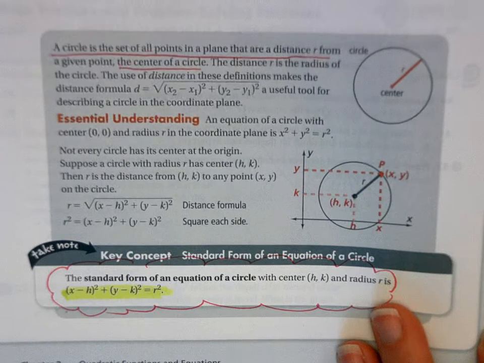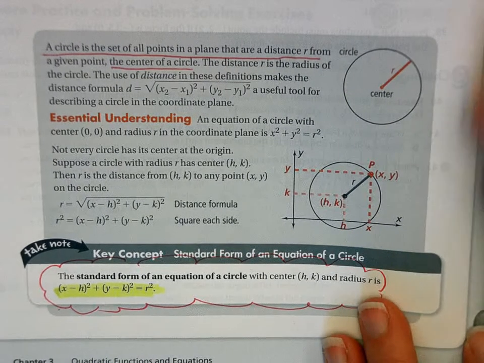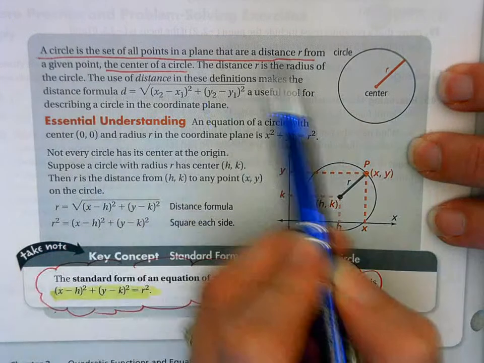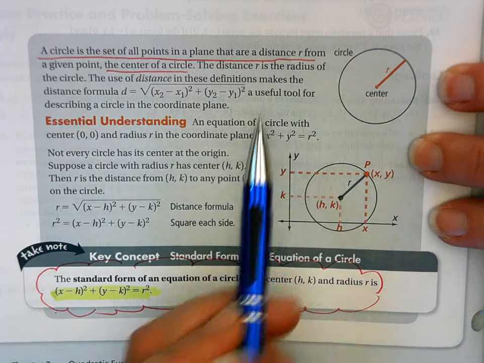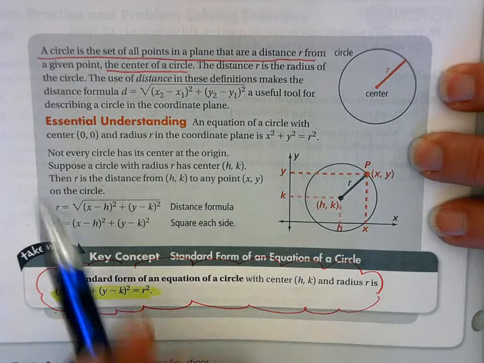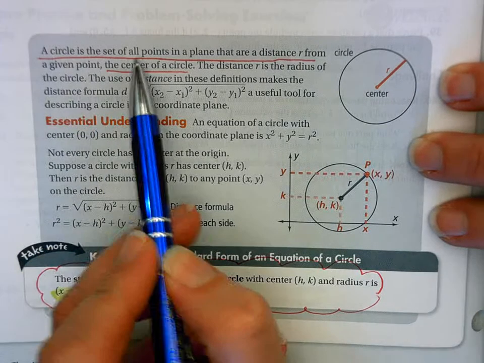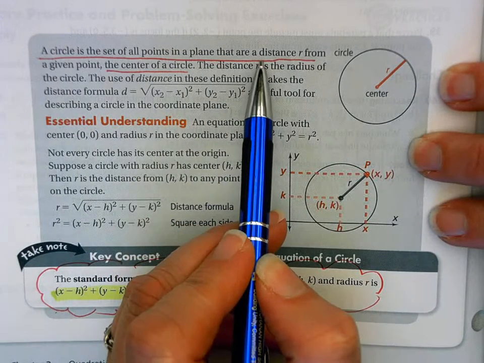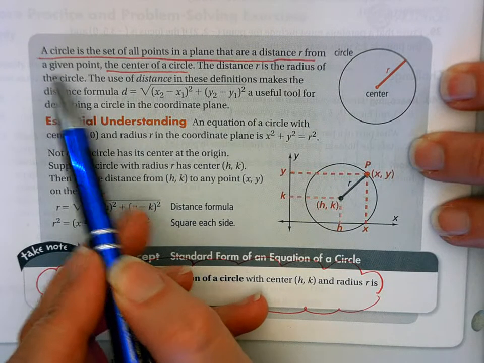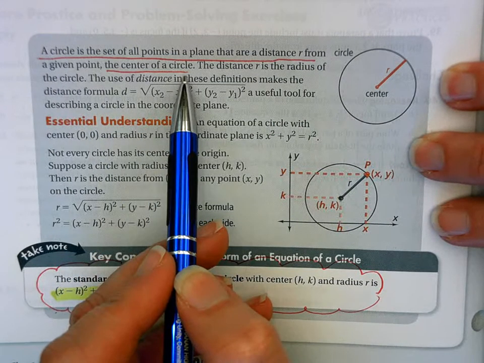So most importantly, this geometric definition here is the one that we really need to understand to be able to figure out where this formula came from. So we know that a circle is the set of all points in a plane that are a distance r from any given point to the center of the circle.